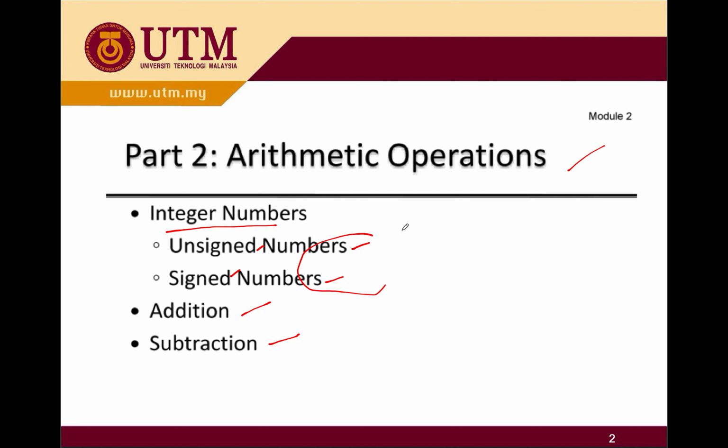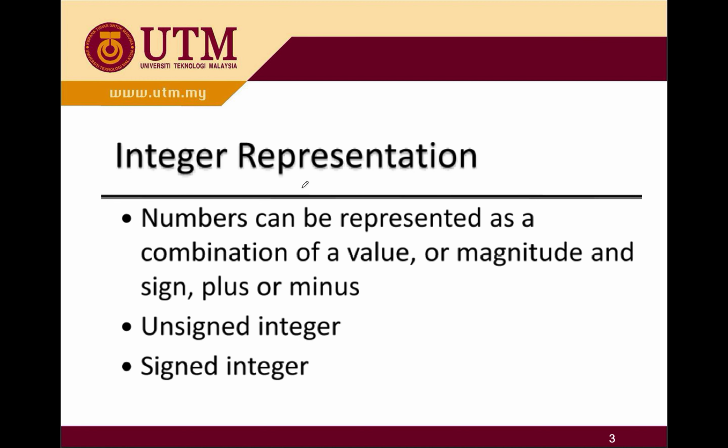If you don't remember, please go back to the previous video, in the beginning chapter of number system, where I gave you the differentiation between unsigned and signed numbers. So here we look again, but a bit deeper.